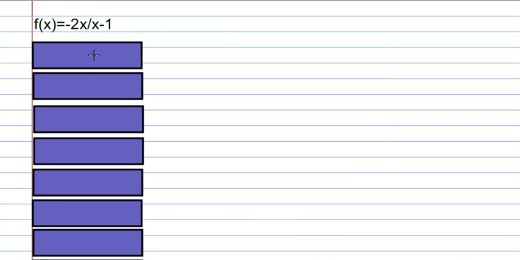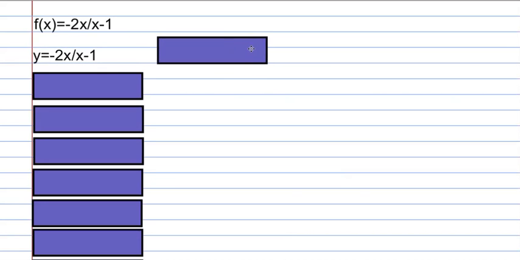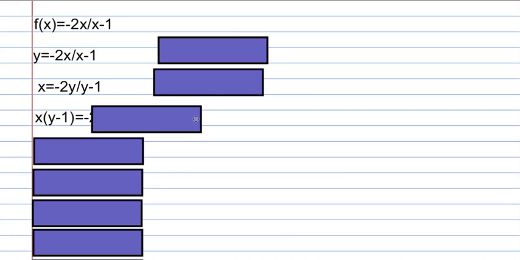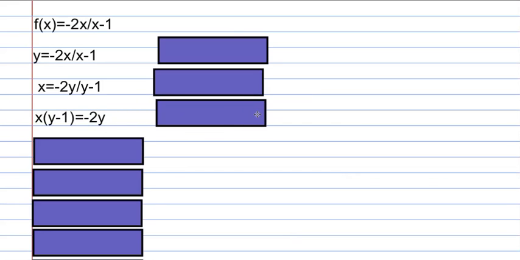We have f of x equals negative 2x divided by x minus 1. Okay, we need to write y equals, exchange the variables, and begin to solve for y by dividing both sides by y minus 1.